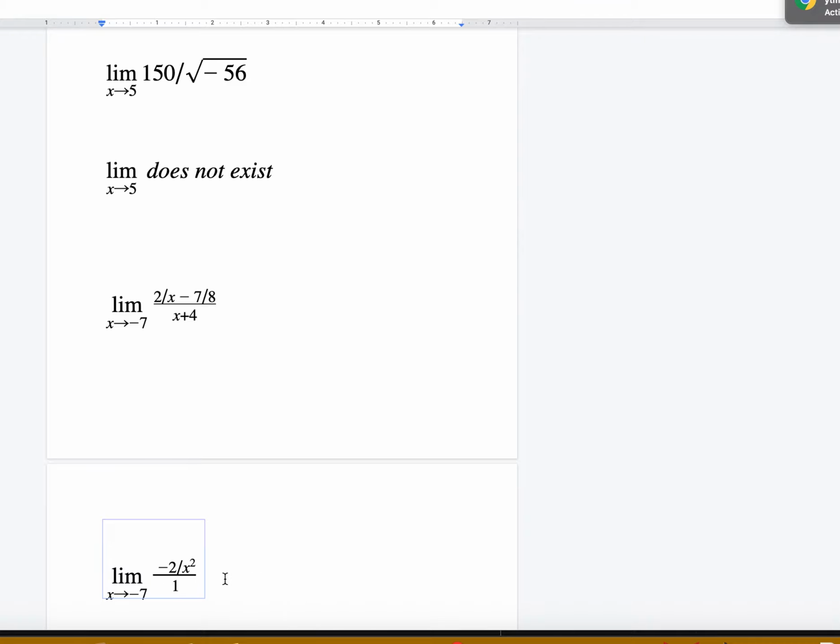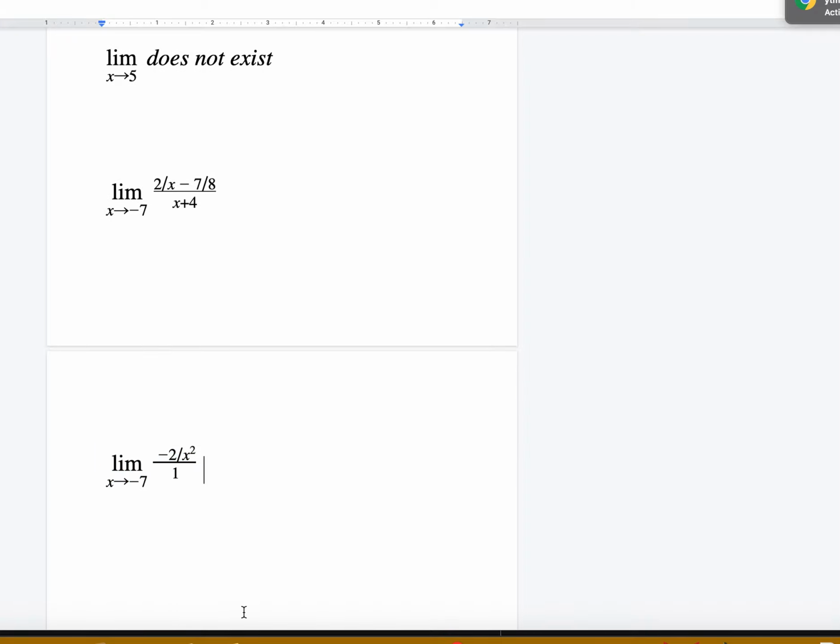The next step, multiply by the reciprocal, which just gives me, and keep bringing the limit down because you're going to get in trouble, negative 2 over x squared.